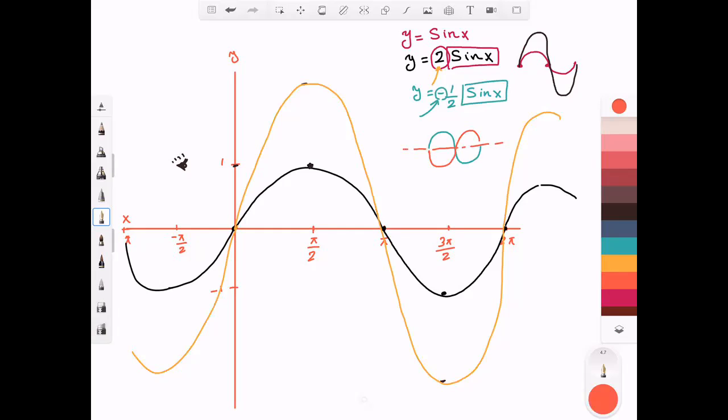Then negative, then 1/2. This was 1, so 1/2 will be half of that. The amplitude will be half of that, but the period will be the same. So the graph, we pick blue. This is 1/2, correct? That's -1/2. So the graph is going to go here.